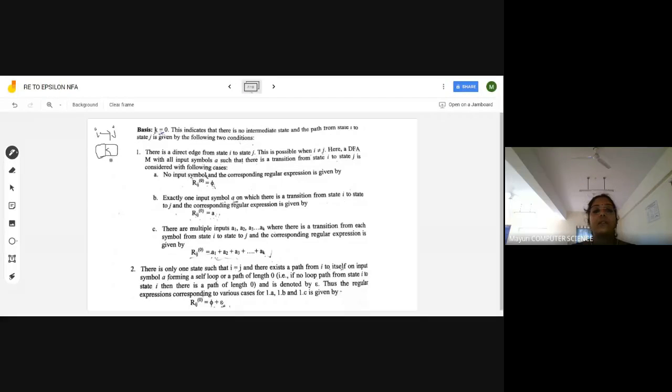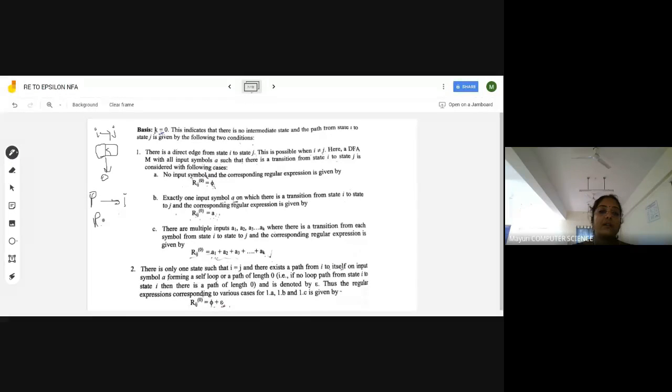Okay, since this plays a major role here, when I'm traveling from I to J through an intermediate number of states called K, the basis will always be K equal to what? 0. The basis length of K is 0. What does it mean? I will be going directly from I to J. So K will be 0. Then how do you represent it?